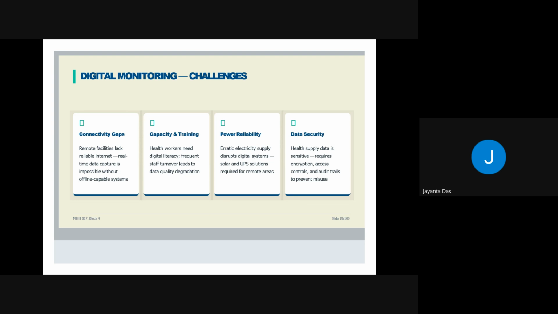Then capacity and training. Every health worker needs digital literacy. Frequent staff turnover leads to data quality degradation. You have trained and developed the capacity of a person, but because these stores are sensitive areas, as a vigilance measure we need to make regular transfers, and these transfers have a collateral problem.